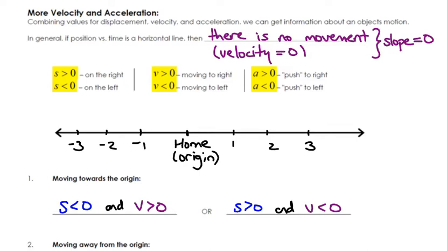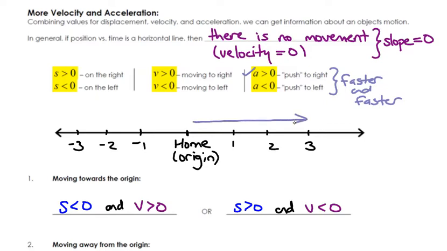Okay, let's talk about acceleration. So acceleration is a little bit more difficult to explain. Think about faster and faster. If acceleration is greater than 0, you're going faster and faster in a right direction.